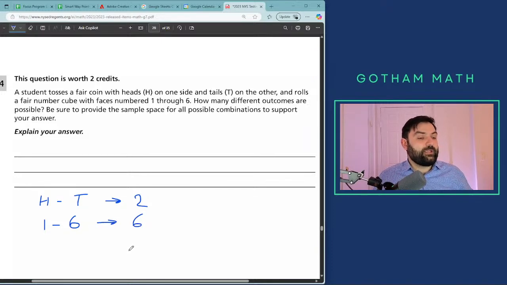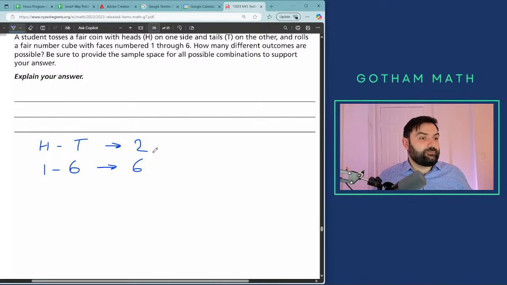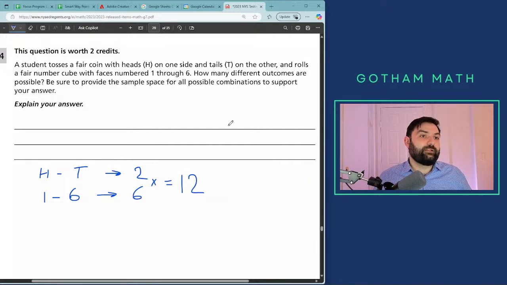Just like with a combination question, we multiply the possibilities of one and then of the other, which is 12. That's how many different outcomes are possible, so with 12, we answered that question.